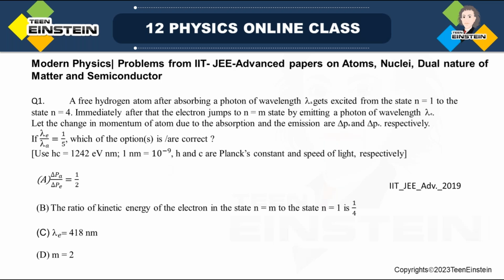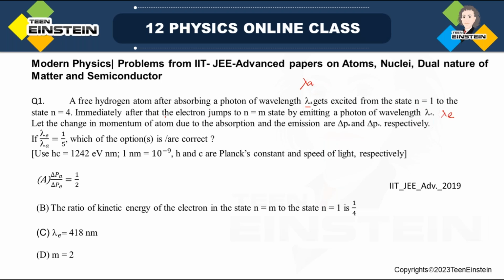The first problem says, a free hydrogen atom, after absorbing a photon of wavelength lambda a, gets excited from the state n equal to 1 to the state n equal to 4. Immediately after, the electron jumps from n equal to 4 to the m state by emitting a photon of wavelength lambda e.